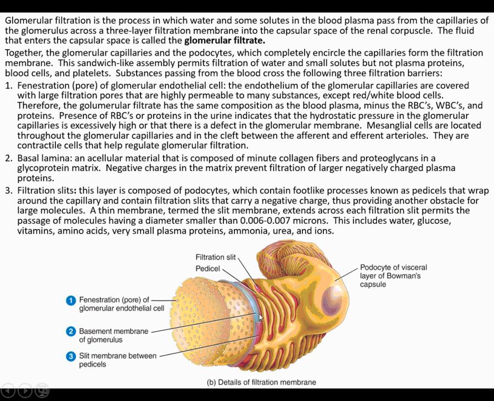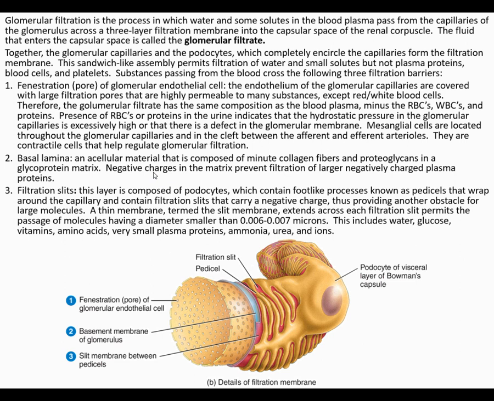Okay, directly surrounding that layer is a basement membrane, or basal lamina, which is acellular, so it's a non-cellular material, made up of minute collagen fibers and proteoglycans in a glycoprotein matrix. A lot of big words in there, not that important. What is important is this last sentence. They have a negative charge, and what do we know about things that are also negative charged?